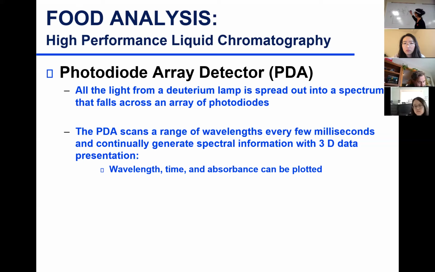The monochromator will be set to allow a singular or a very narrow band of wavelength going in. That's your variable wavelength detector. So we select the width and the position where one wavelength can go through and then hits your sample. Then everything in the sample that can absorb at 272 will be monitored.